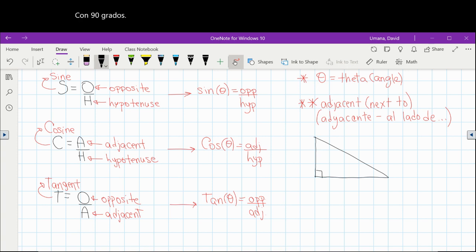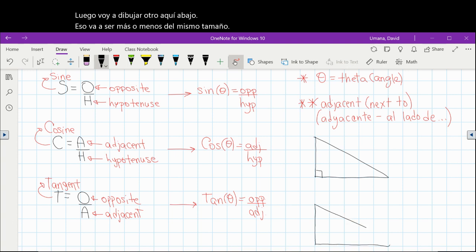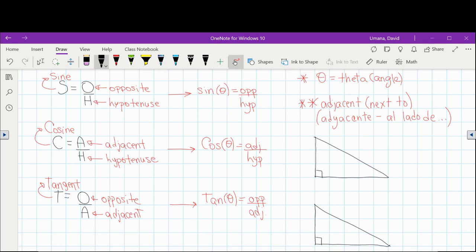Then I'm going to draw another one down here that is going to be about the same size, with 90 degrees.